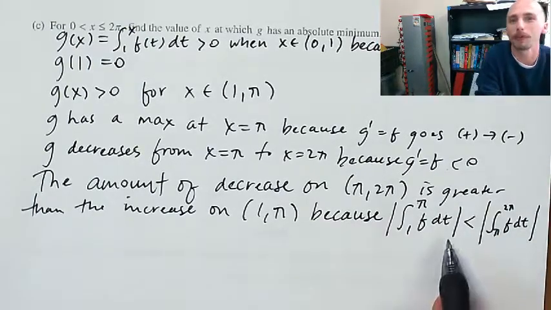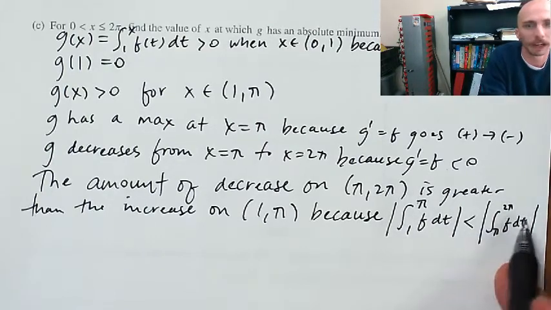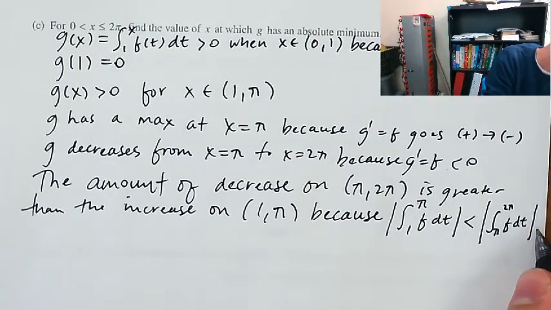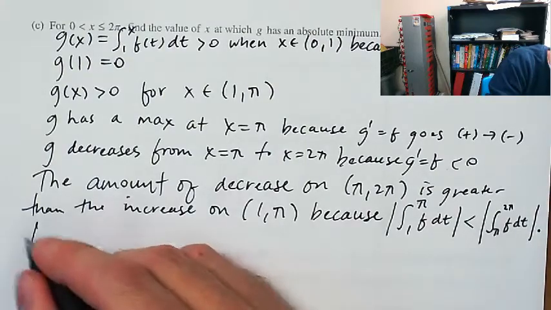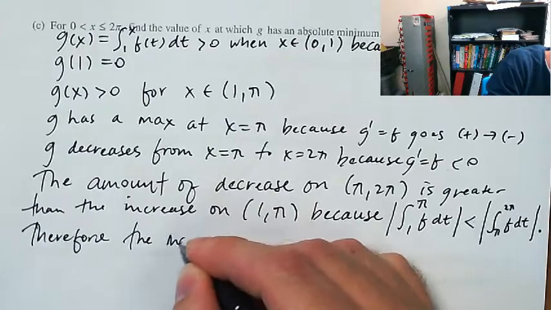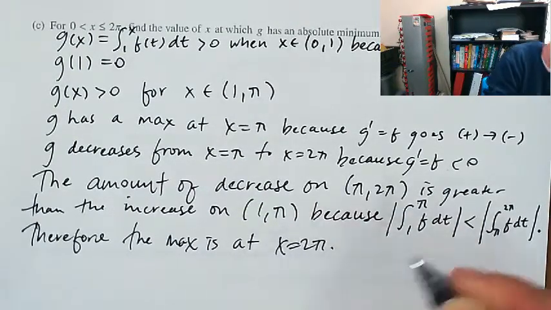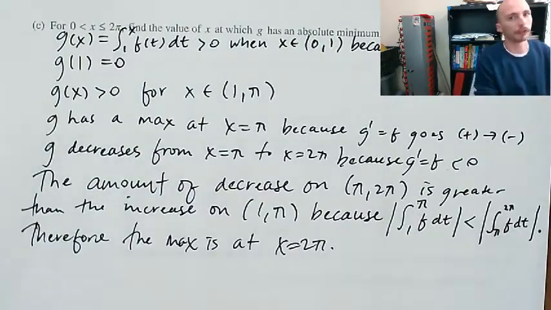Okay, I'm going to say the amount of area, like the absolute value of the integral from 1 to pi, is less than the amount of area there. Okay, I've said a bunch of stuff, but all of it's true.